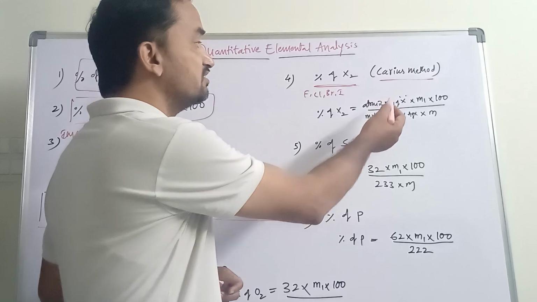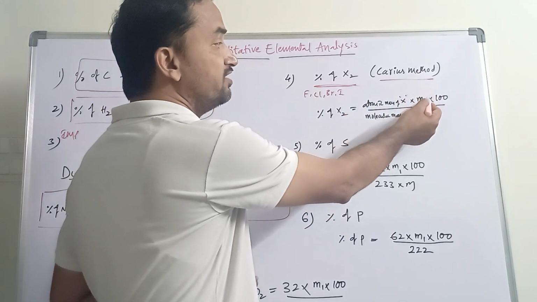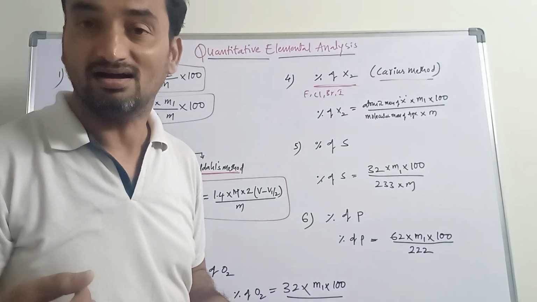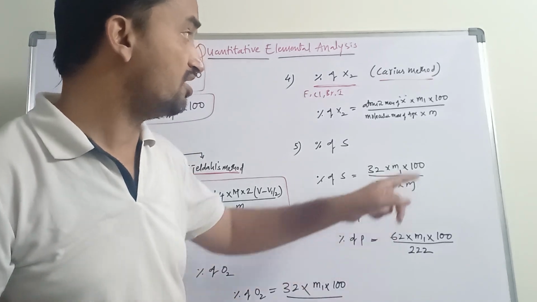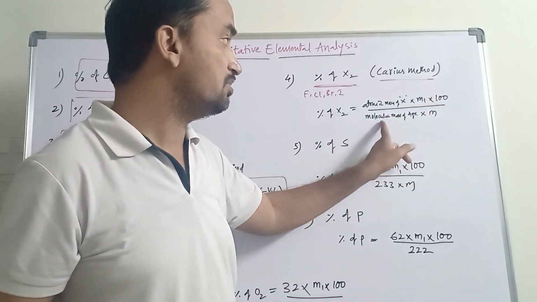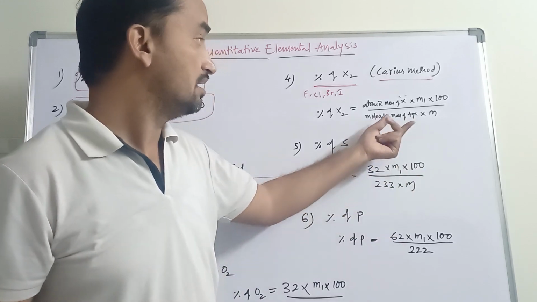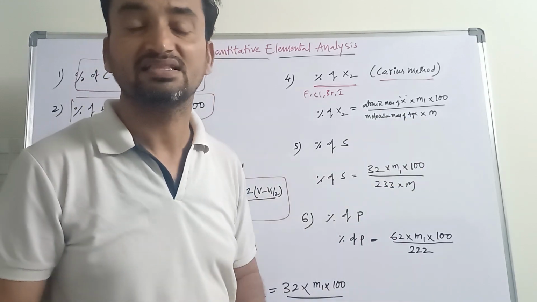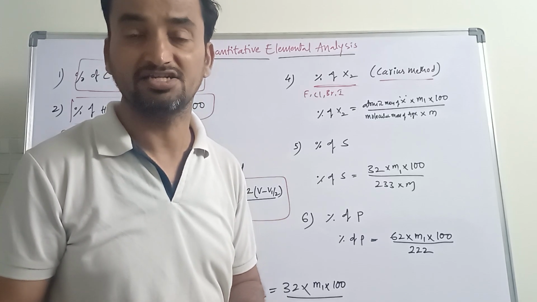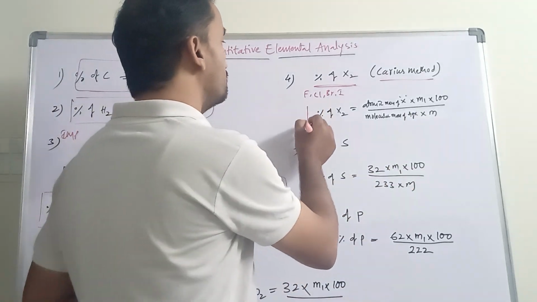The percentage of X is the atomic mass of X into m1, where m1 is the mass of silver halide formed, into 100, divided by the molecular mass of AgX into m, where m is the mass of the initial organic compound. This formula is very, very important.